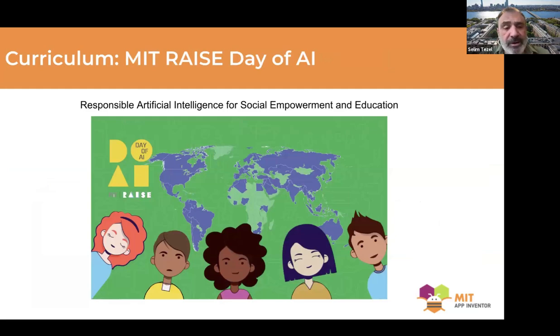Something you might be aware of is now a big deal at MIT. code.org has an hour of code in which every year, I think around December, 1 hour everywhere in the world, people stop and they devote 1 hour to coding. We have such a project, but it's called Day of AI.